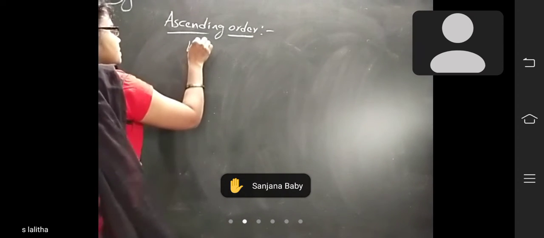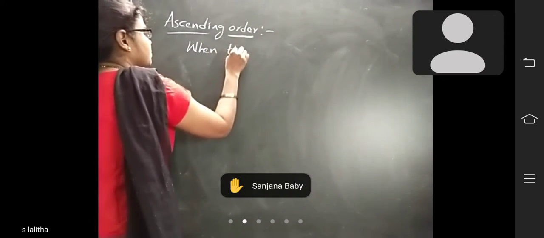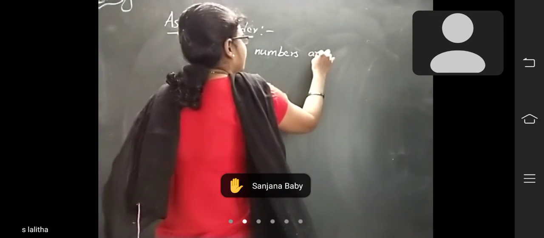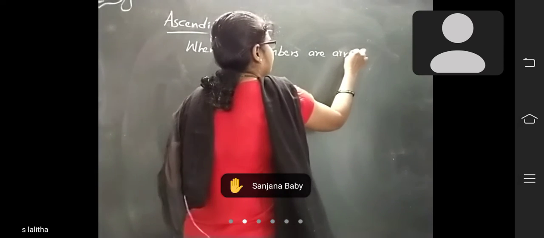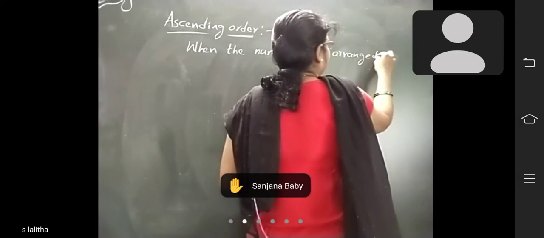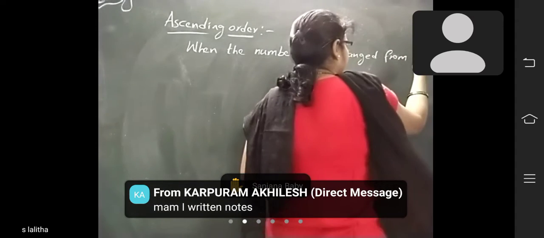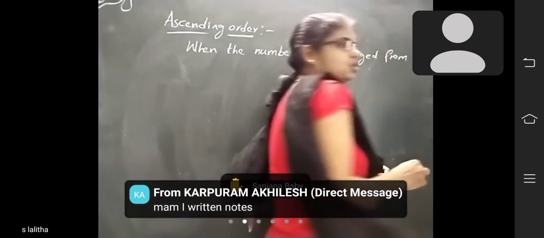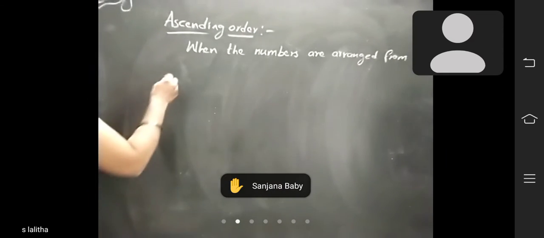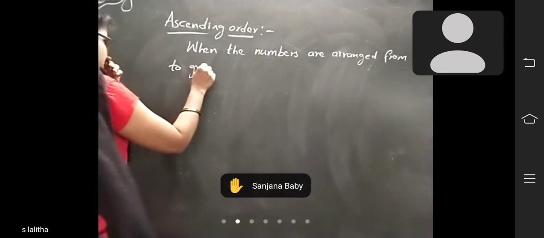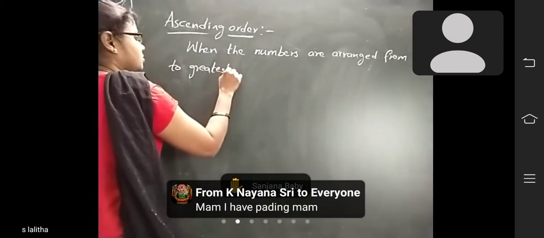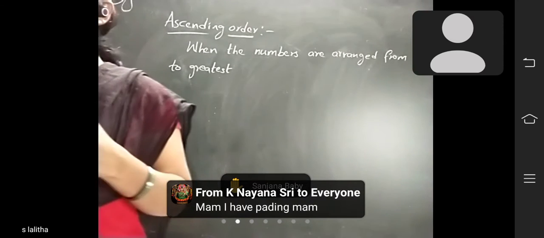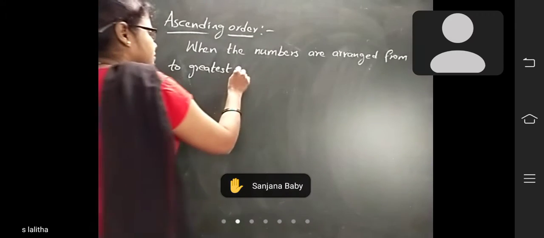When the numbers are arranged from smallest to greatest, they are in ascending order.